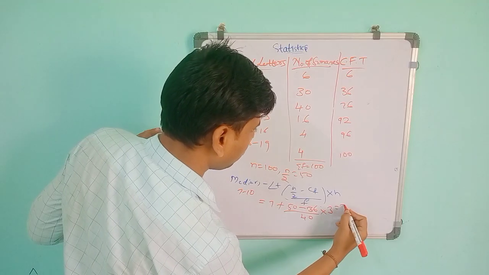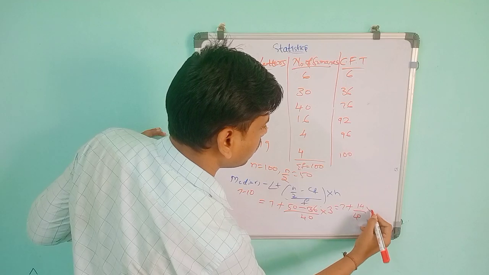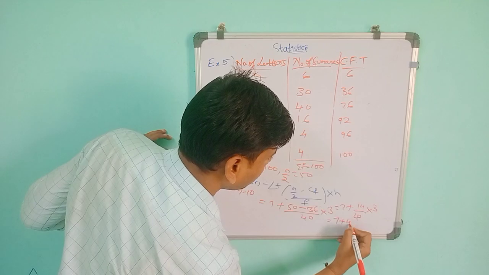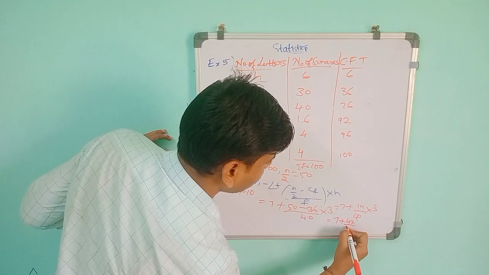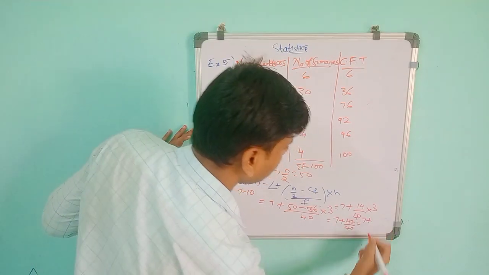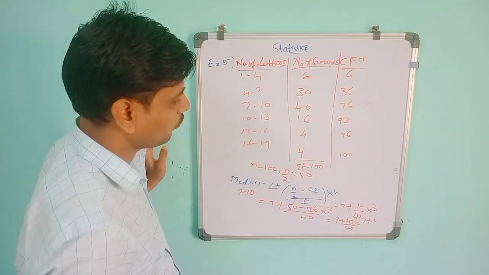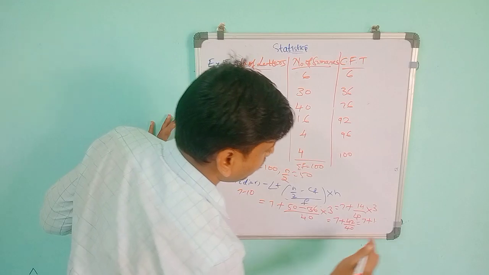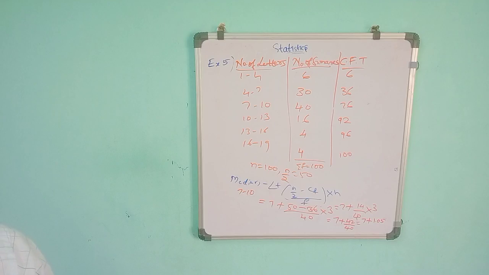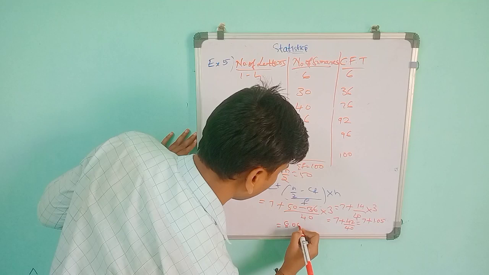So this gives 7 plus 50 minus 36 is 14, then 40 into 3. 14 threes are 42, 42 by 40 gives 1.05. So the median is 7 plus 1.05, which is 8.05.